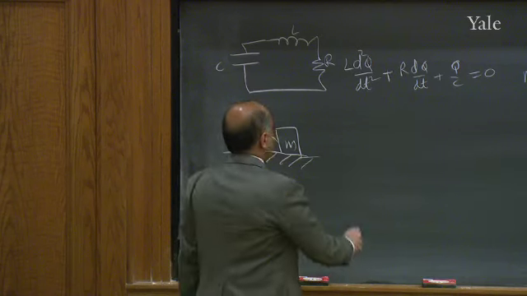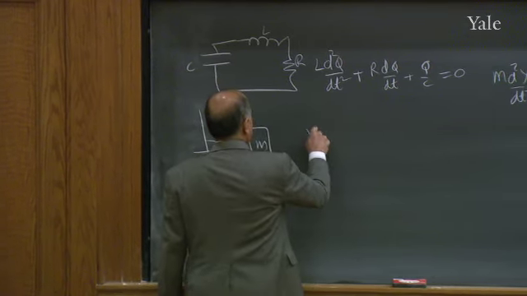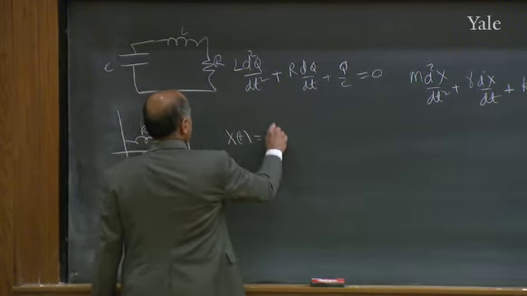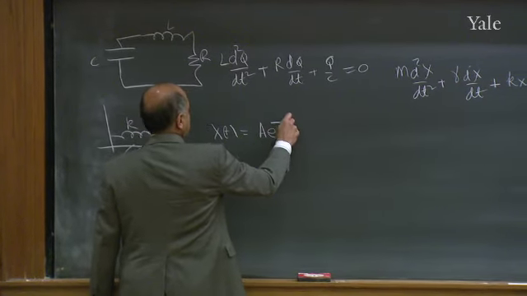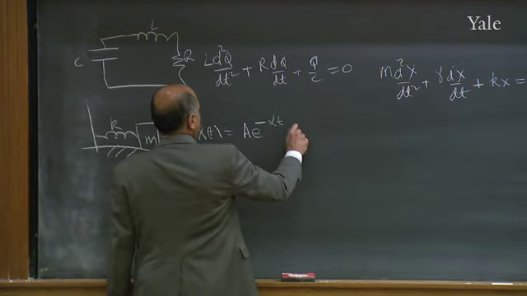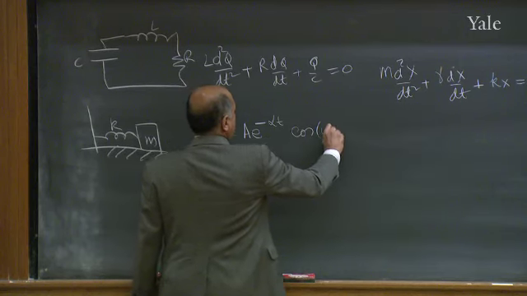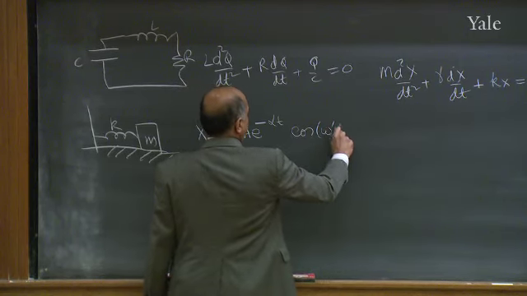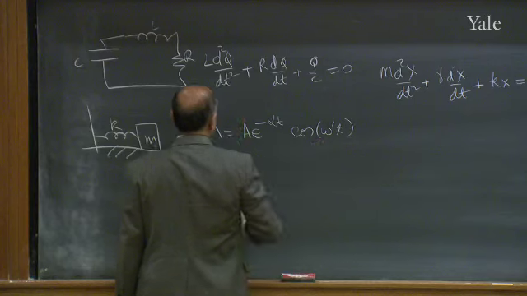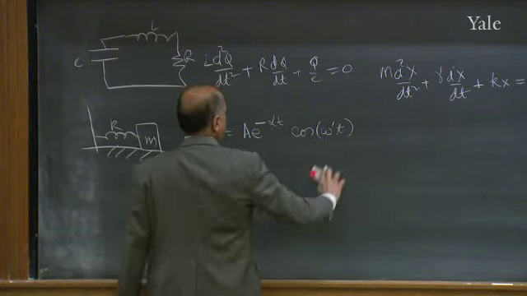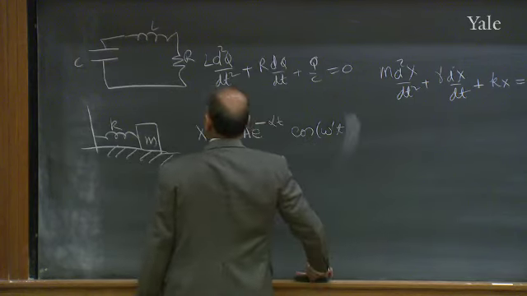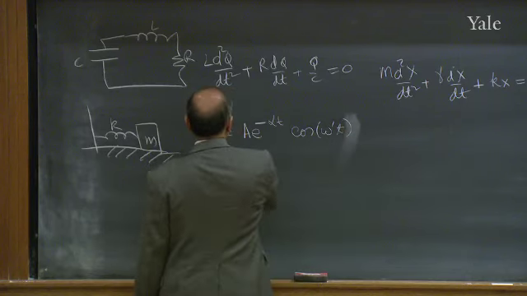And the general solution for the case when it's oscillating will look like some number A e to the minus some number alpha t times cosine of some frequency omega prime t. You can always add a phase phi, but I'm not going to do that.